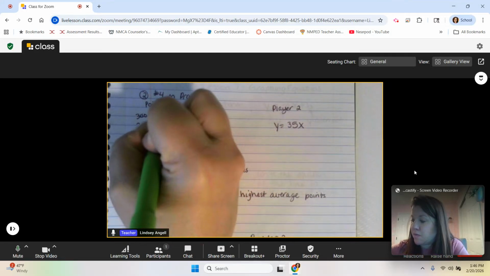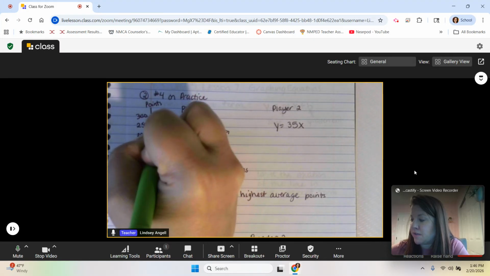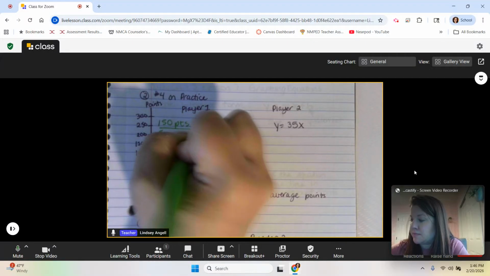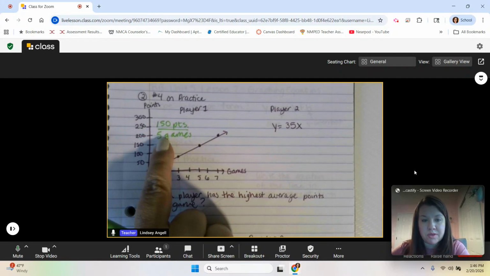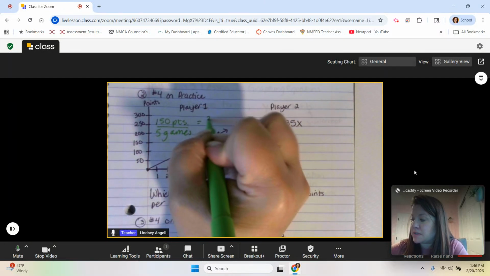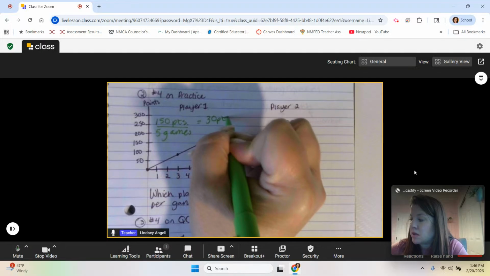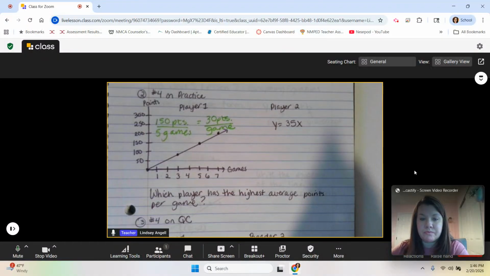So we could say 150 points for 5 games, right? It's our y value, the change in the y value over the x. Well, 150 divided by 5 is 30, so it'd be 30 points per game.